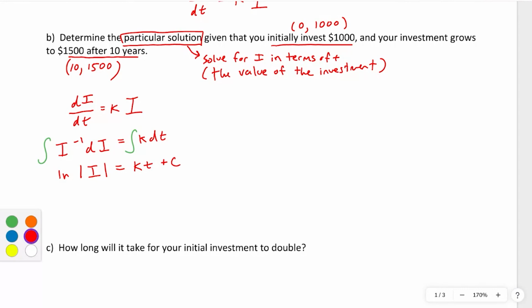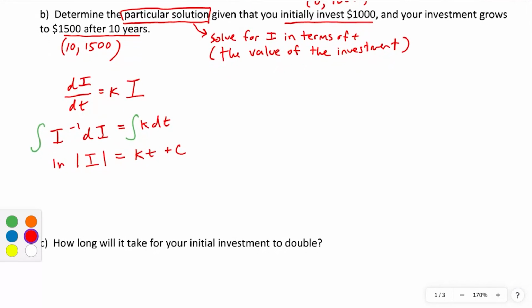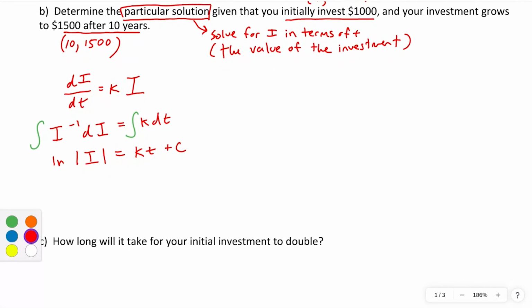All right, so what do I need to do next? I'm trying to isolate I here. We can exponentiate both sides. So we have the absolute value of I equals e to the kt plus c.